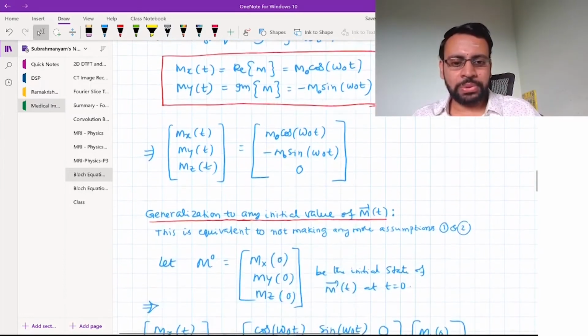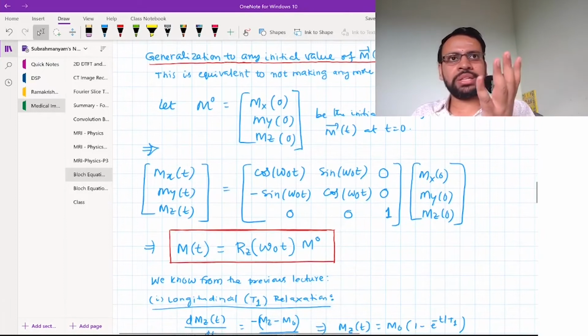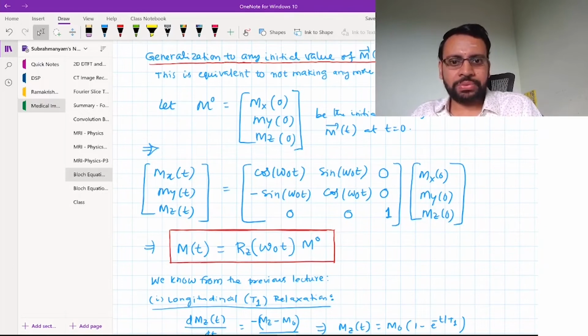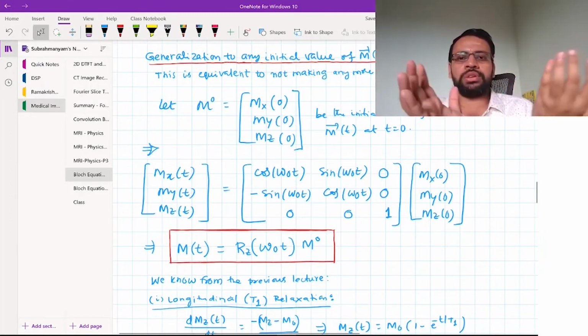A simple way of looking at it is, you have already seen the rotation of axis, right? Refer back to how we derived equations in the case of the Radon transform. If you are rotating around the z axis, that's equivalent to multiplying with the matrix cos omega naught t, sin omega naught t, minus sin omega naught t, cos omega naught t. That's simply equivalent to rotating your xy axis.